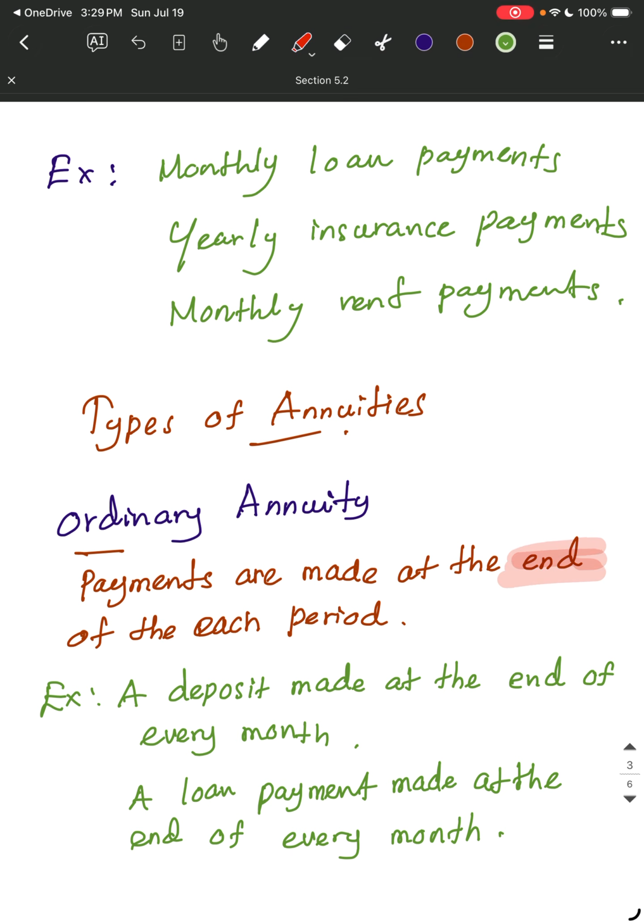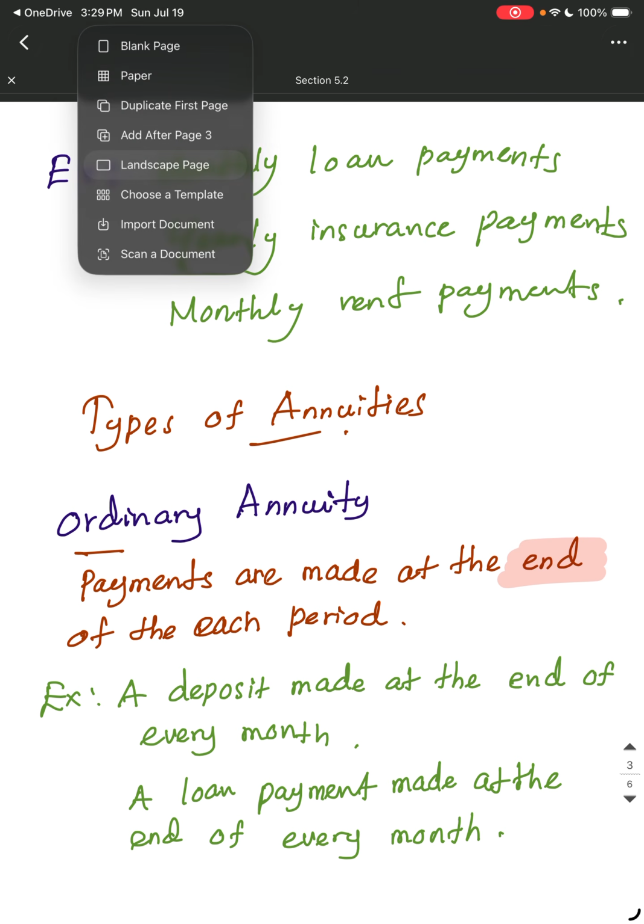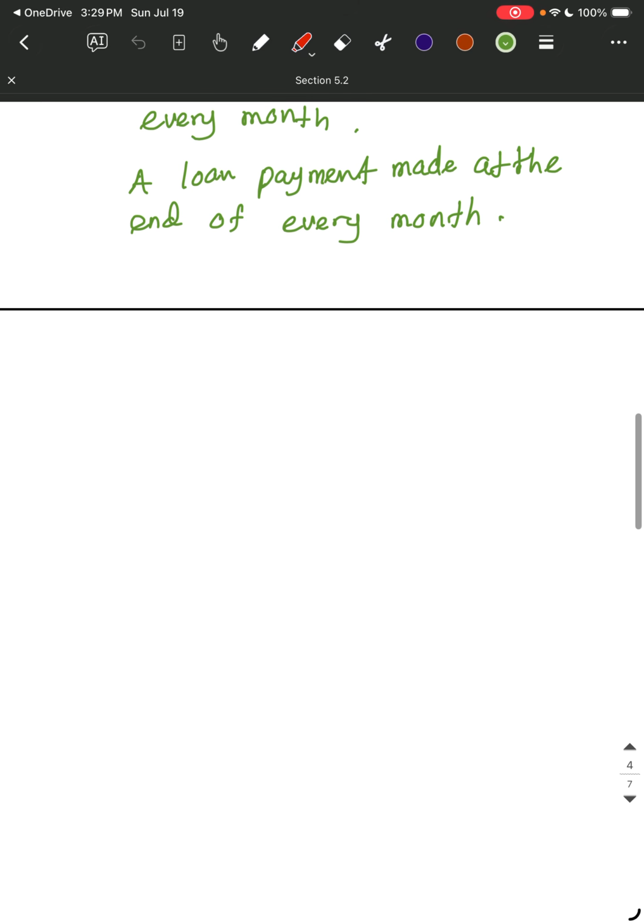And the second one is the annuity due. In an annuity due, payments are made at the beginning of each period.